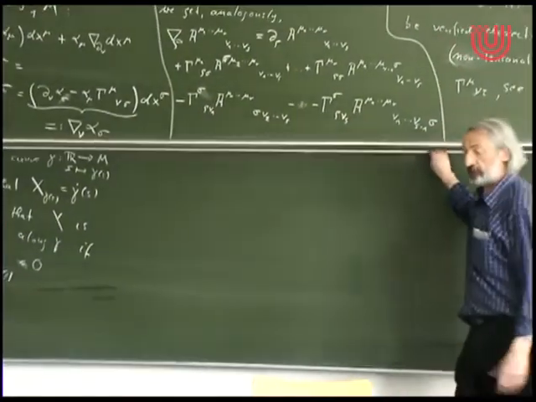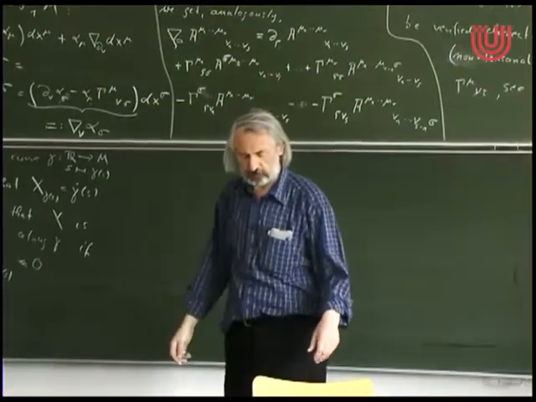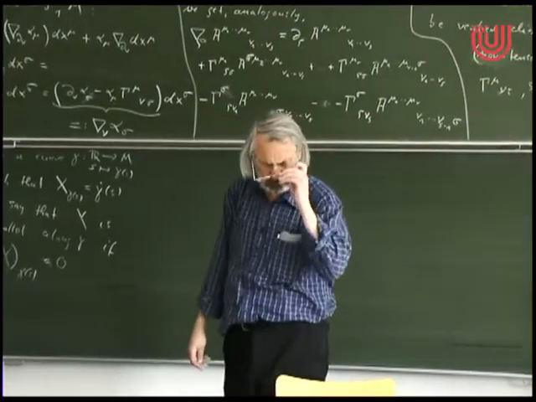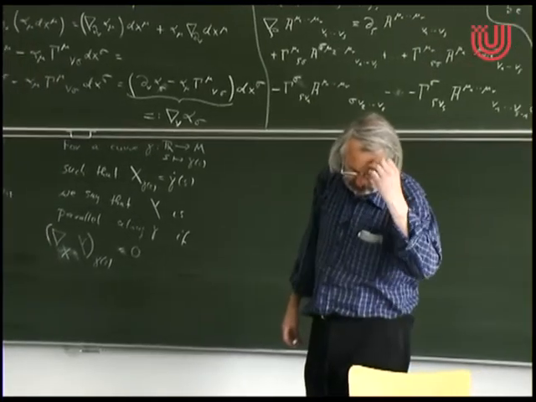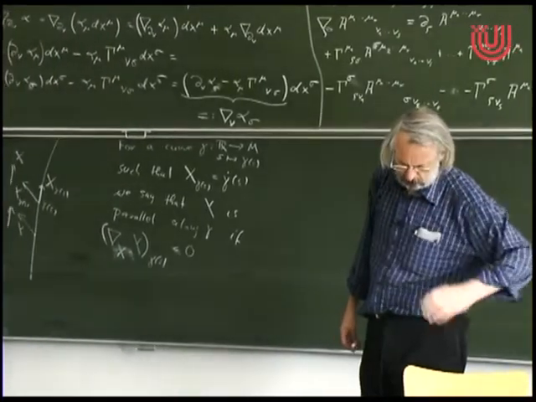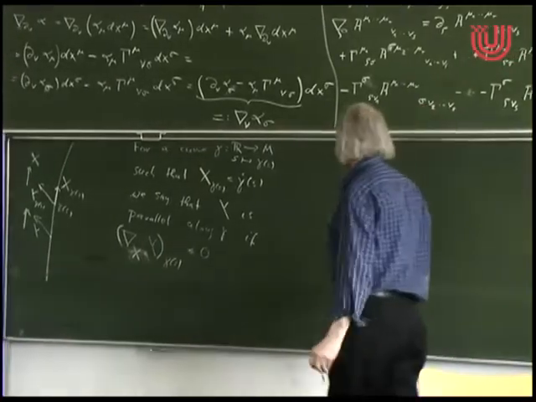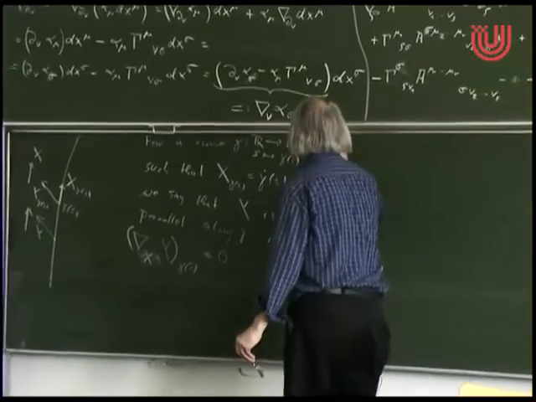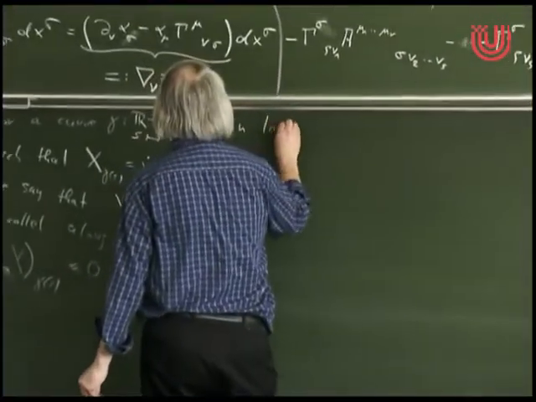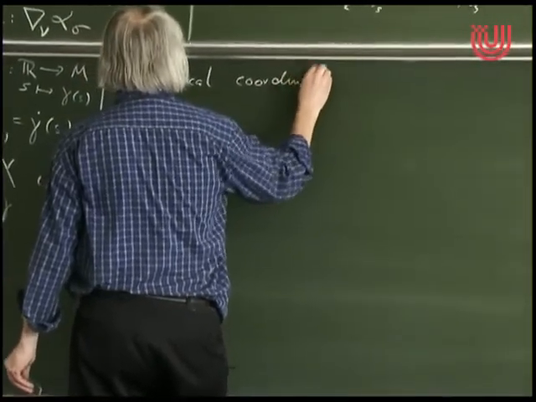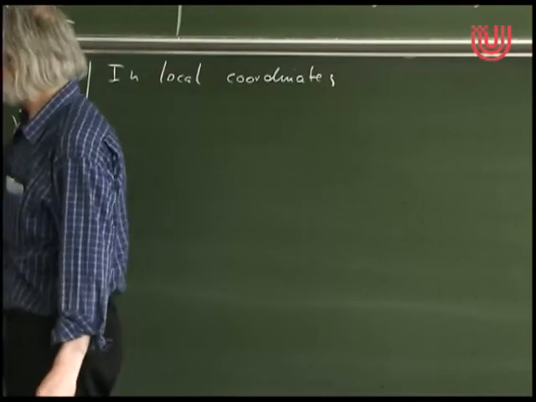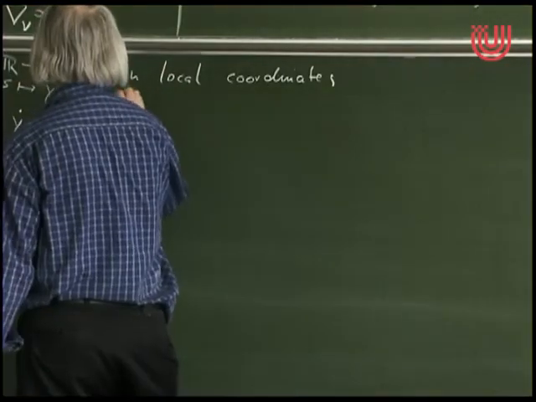But we can discuss a special situation where it is not path-dependent. That's quite an interesting thing. But first I will write it in local coordinates. In local coordinates, I have to write this expression, del x y, in local coordinates.